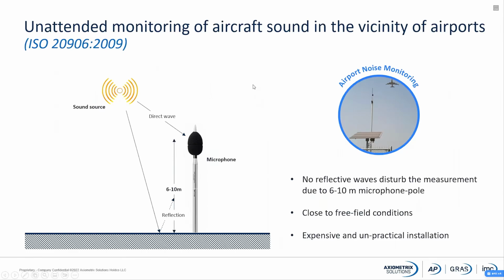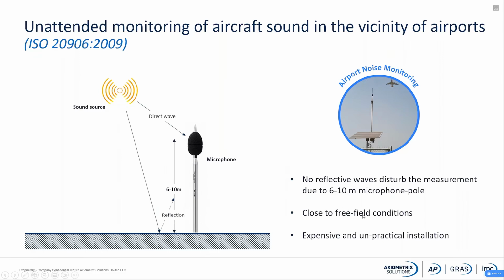If we go into a little bit more detail and start with the first installation, this is the 6 to 10 meters installation, and this is actually having almost a free field condition because the reflection from the ground is so far away from the microphone, so it is only the direct wave coming from the noise source that is picked up by the microphone and reported into the analyzer software.